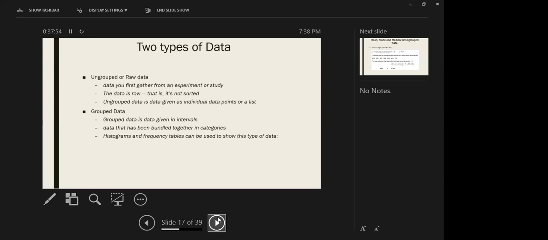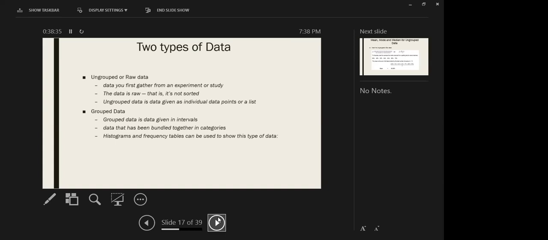If we backtrack a little bit, there's an example I gave you of a statistical test written by 100 students, and there was a table that the teacher wrote, not the frequency table, but just maybe a recording table. That type of information is called raw data, because you haven't sorted it in any way. You haven't even grouped it as yet. You just collected it as it is: this one got this mark, this one got this mark. It's not sorted, it's not grouped. That's why it's called ungrouped or raw data, right?